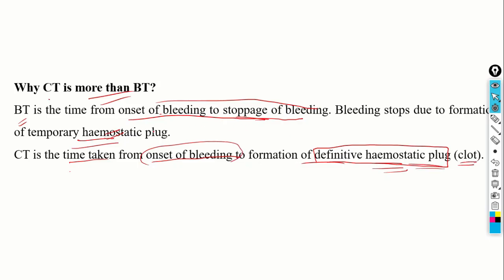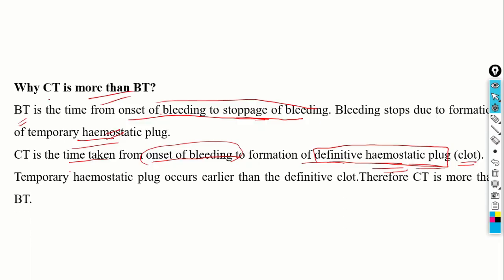That's why CT is more than BT. The temporary hemostatic plug occurs earlier because it is the primary or temporary one, compared to the definitive clot.